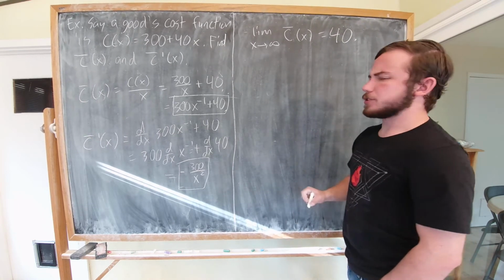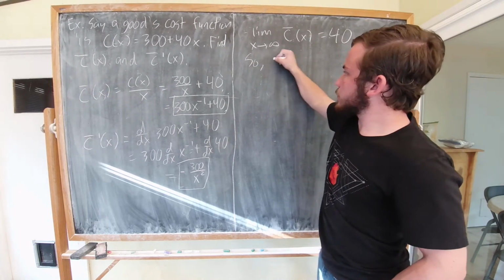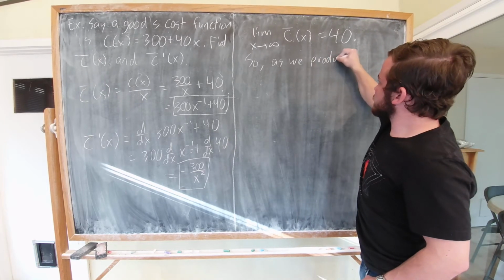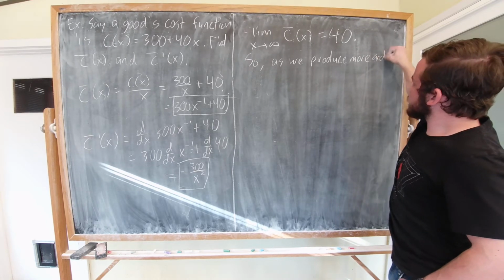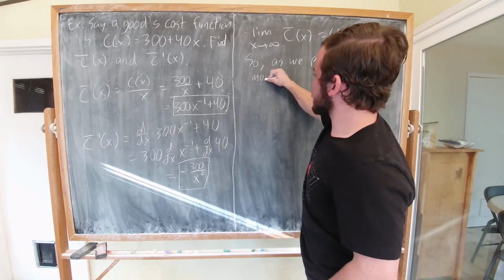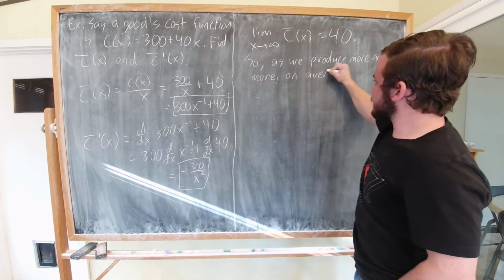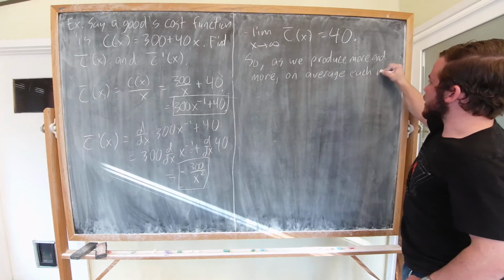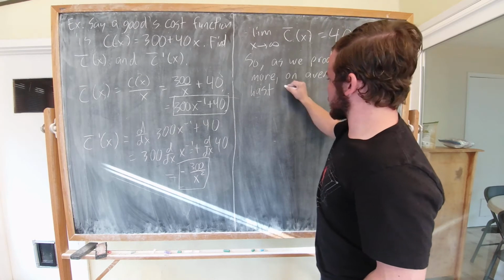So, what does that tell us? As we produce more and more, on average, each unit has cost 40.